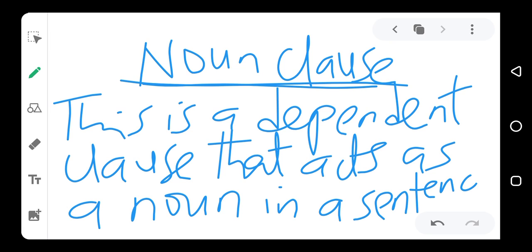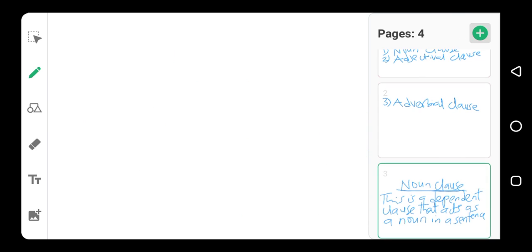Now, if anything is acting as a noun, we know that it can also be replaced with an appropriate pronoun, and it will still retain its meaning.